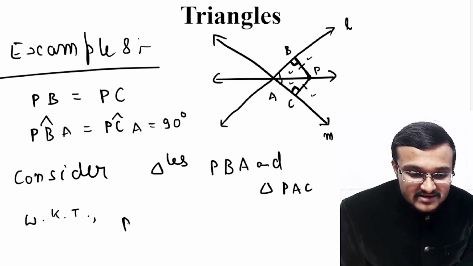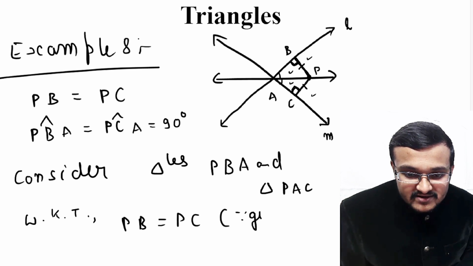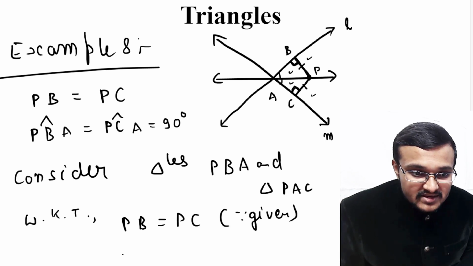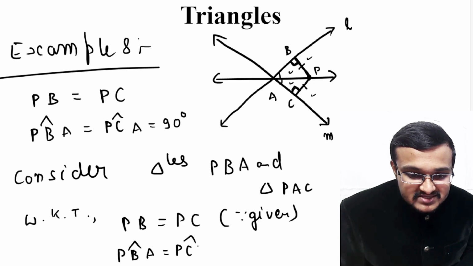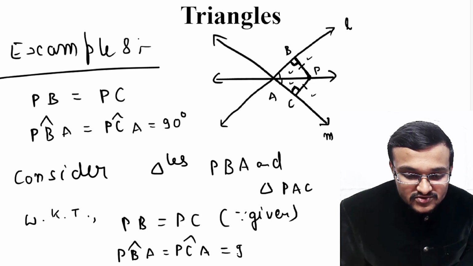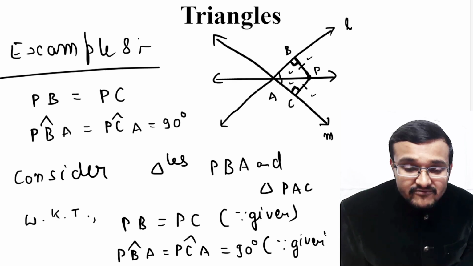We already know that PB is equal to PC. This is already given. And here PBA is equal to PCA, which is equal to 90 degrees. This is also already given.